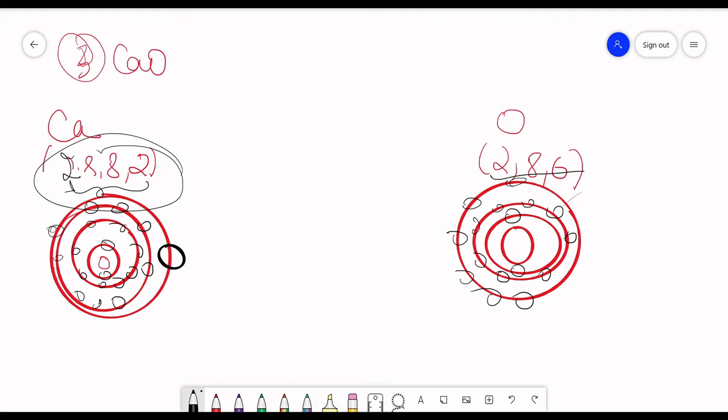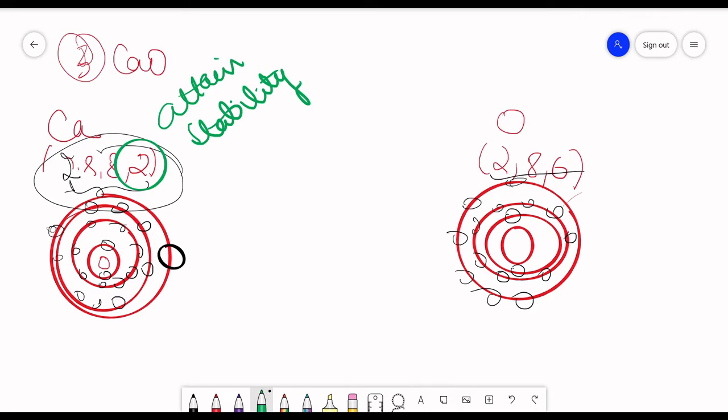Now calcium needs to get rid of these two electrons to attain stability. And to attain stability, oxygen needs to gain two electrons, right? So these two electrons from calcium will go to the oxygen.